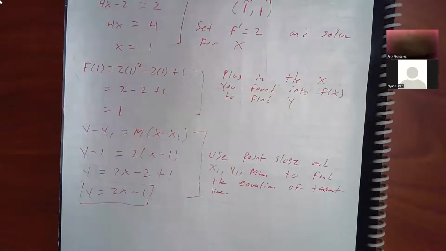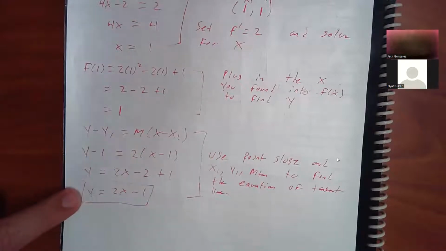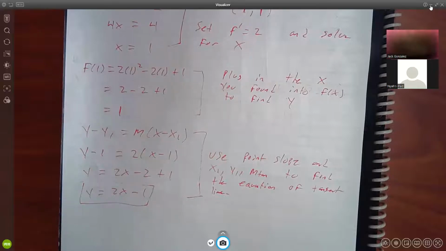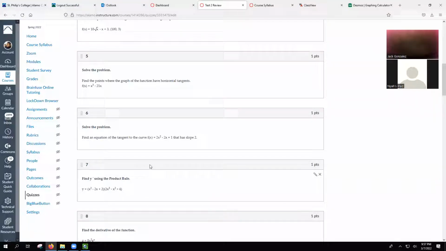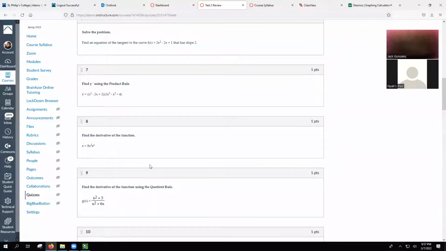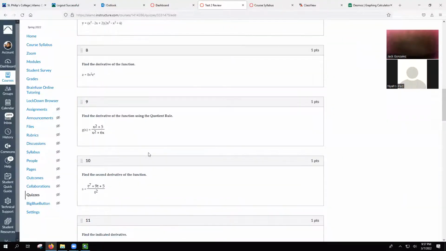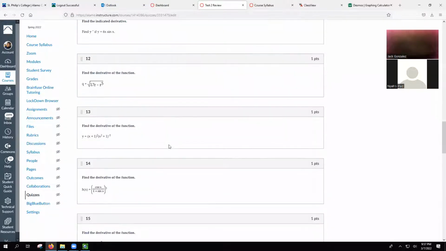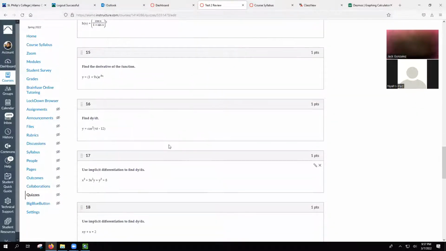Any other questions on number 6? This is the 10th question. So it looks like after that point, we're just doing the derivative rules for different types of functions.